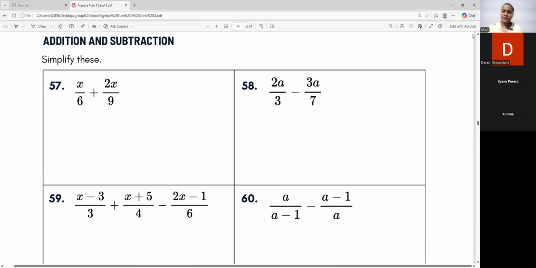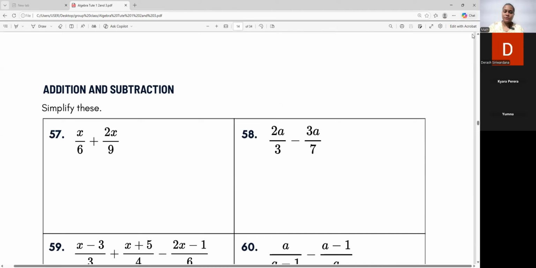Multiplication, no need to get the common denominator, cancel off the common factors. Division, turn it upside down and multiply. The same thing. Multiplication, division easy. Addition, subtraction, we have to do some work there because normal fractions also that same. No? Multiplication, division easy. Addition and subtraction, we need to go for common denominator and add them or subtract, do like that.